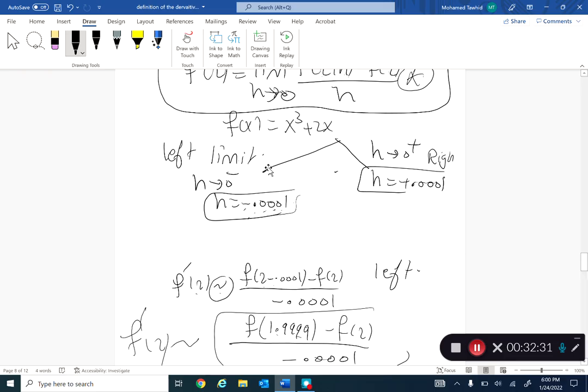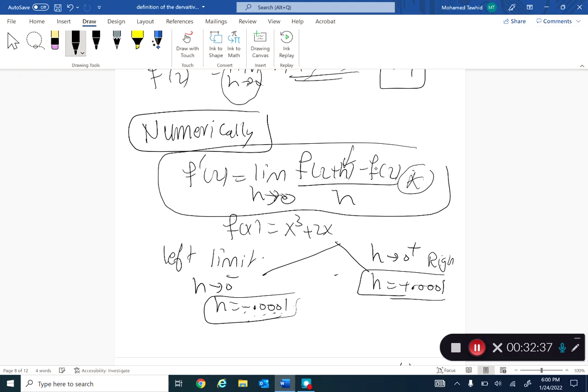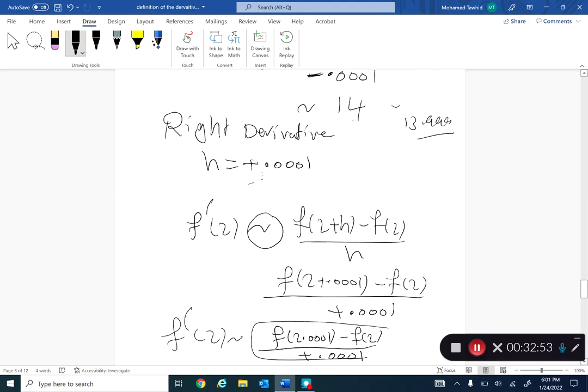When you take it from the right, I go back here to the star, replace h by 0.001, that gives you the right derivative, and another time negative 0.001 to get the left derivative, and then you have the derivative numerically.